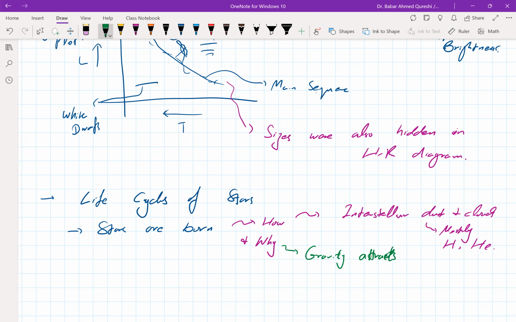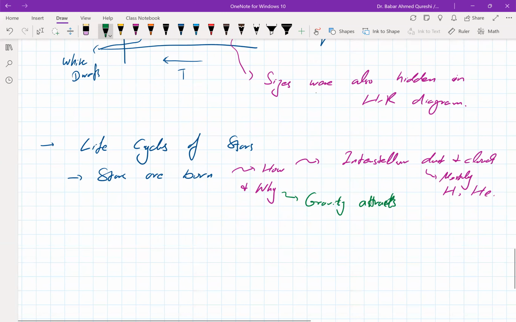So if you have anything lying in space, it's going to contract. Clouds contract. Clouds shrink under gravity.